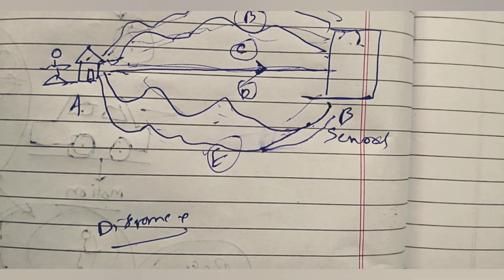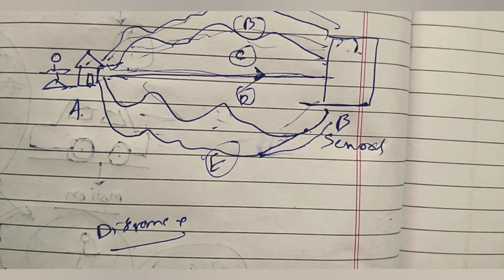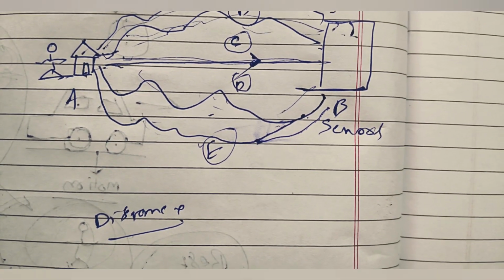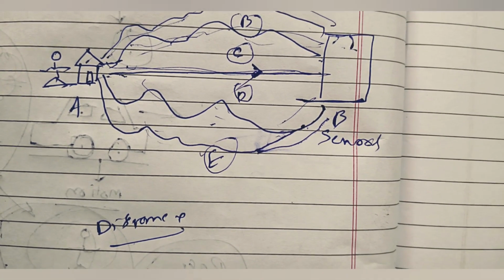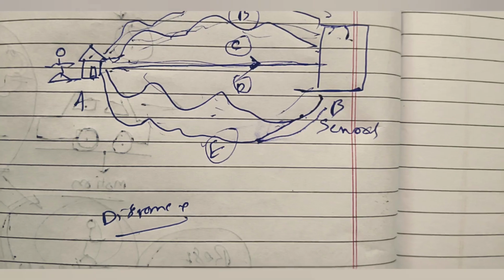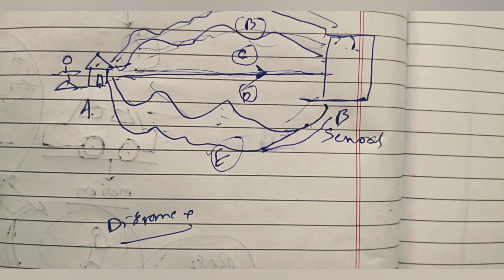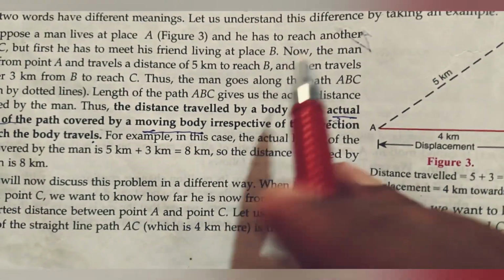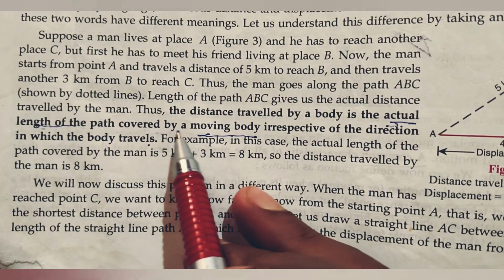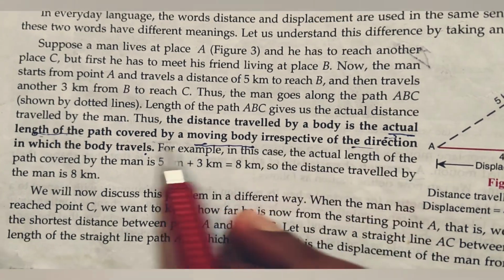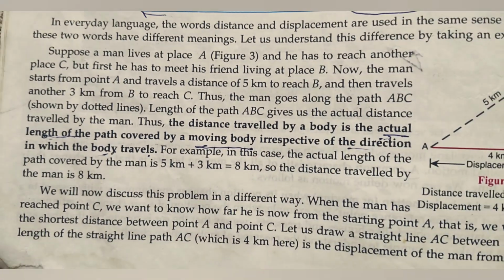That actual path length will be termed as distance. Then what is distance? The actual path length covered by a moving body, irrespective of direction of motion in which the body travels.